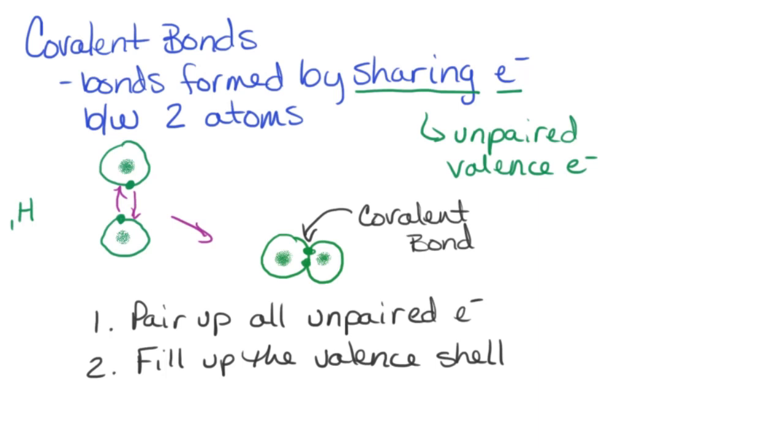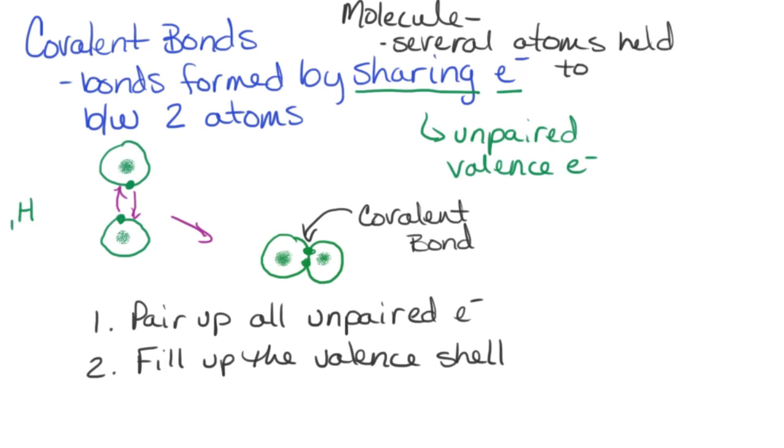So as we formed this covalent bond, both of the hydrogens now have full outer shells, and this makes for a very stable, what we're now going to call a molecule. A molecule is when you have several atoms, and it could just be 2, but several atoms held together by covalent bonds.